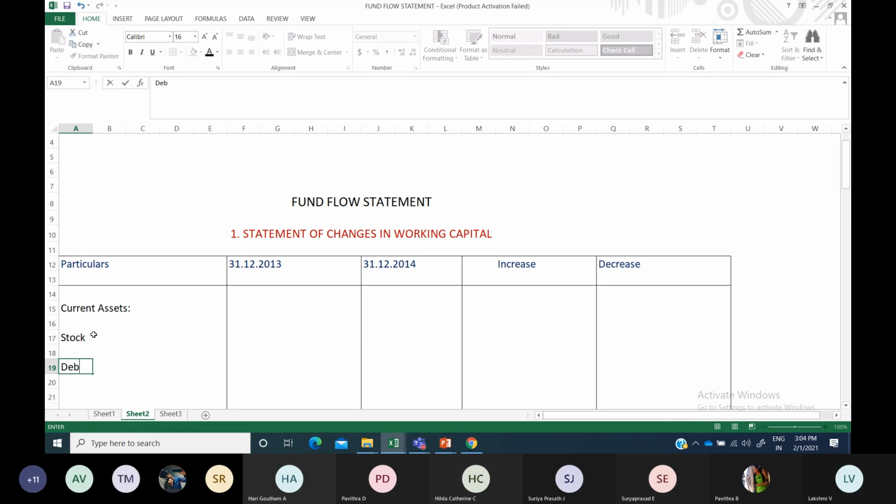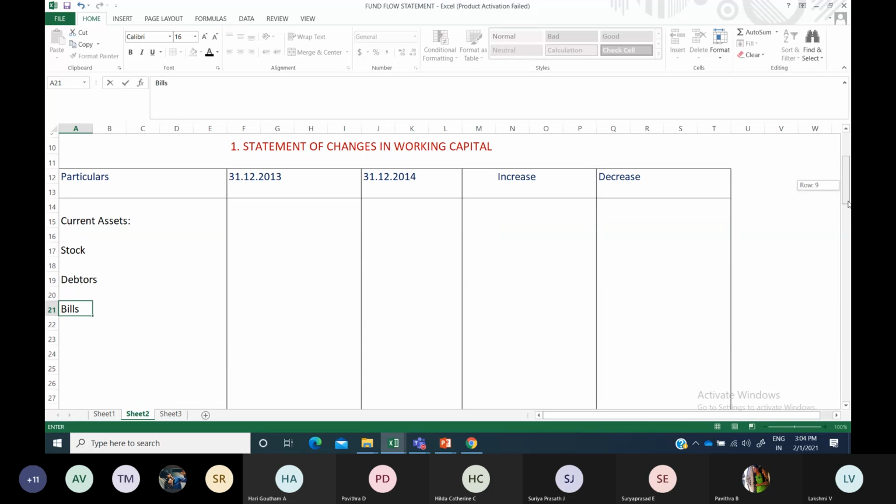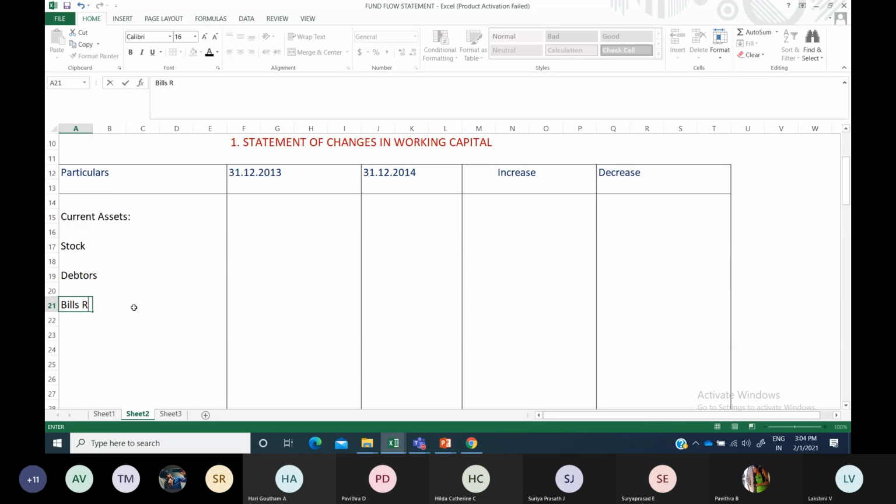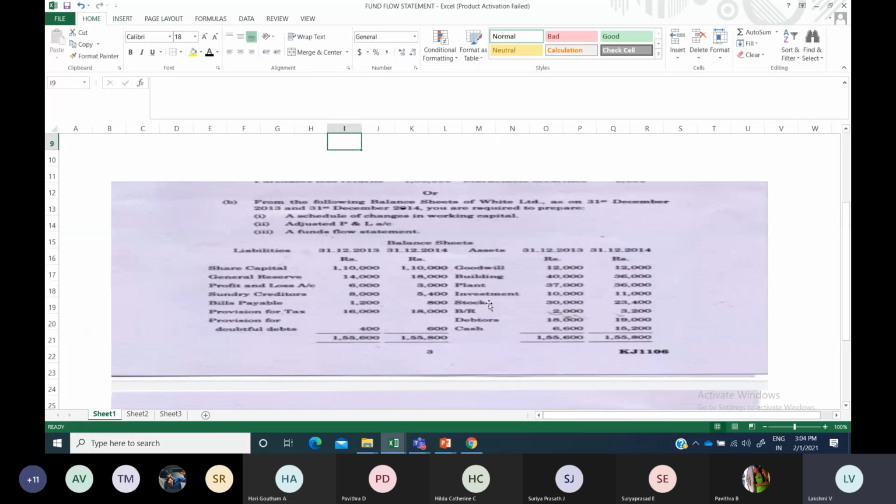Stock, debtors, bills receivable, and then cash. Now go to the question and find out the amounts.